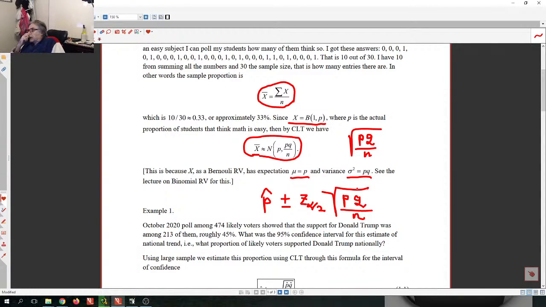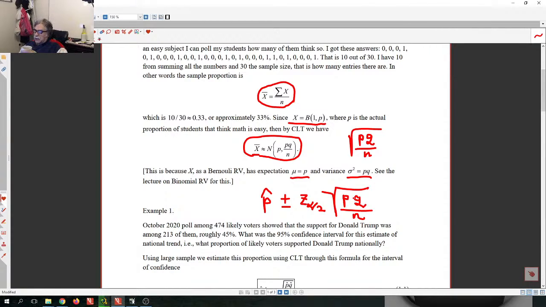Okay, and now we have a formula for the z interval to estimate population proportion. But there is a little problem here. We are estimating p, which is a population proportion, and yet the formula requires us to have p and q in it.